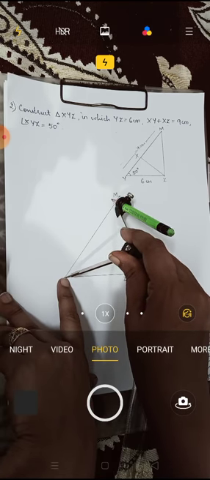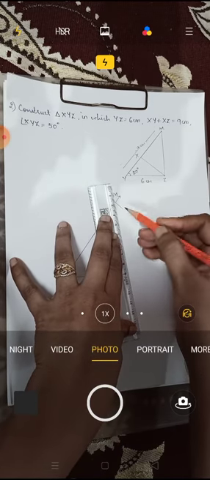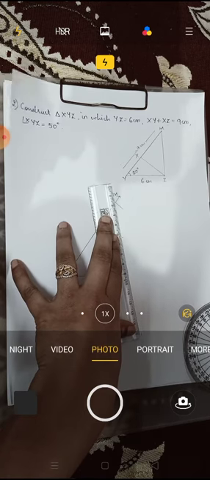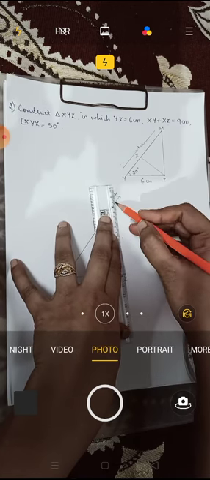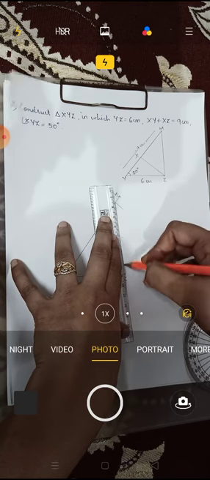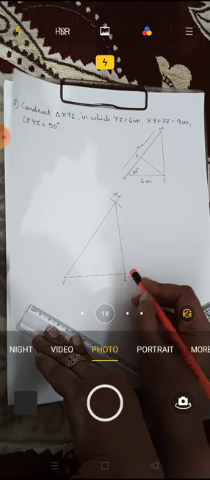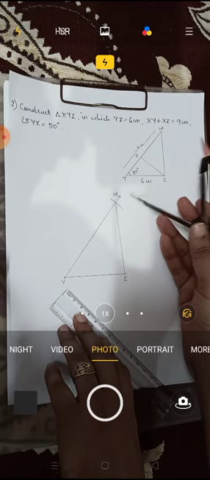Okay, this way. Now join the line. Okay, so we got this MZ.